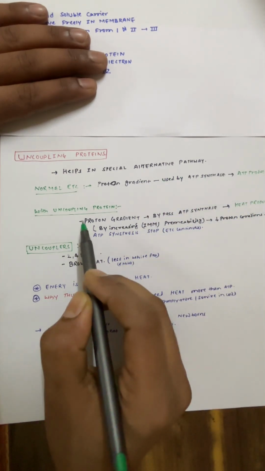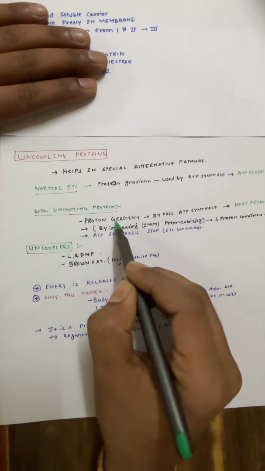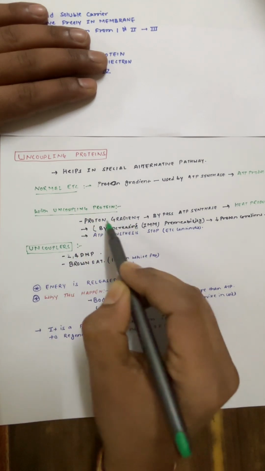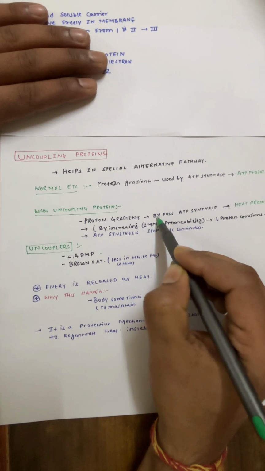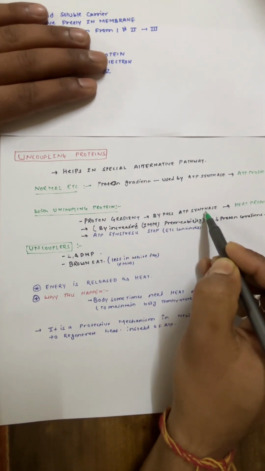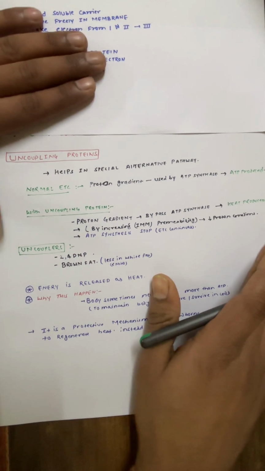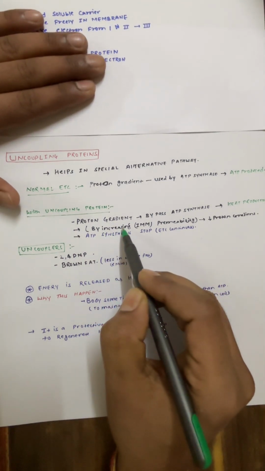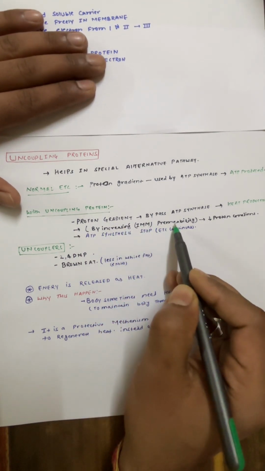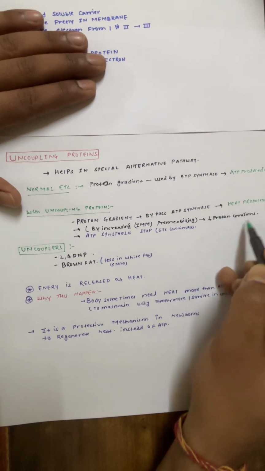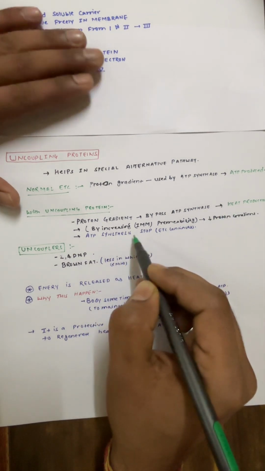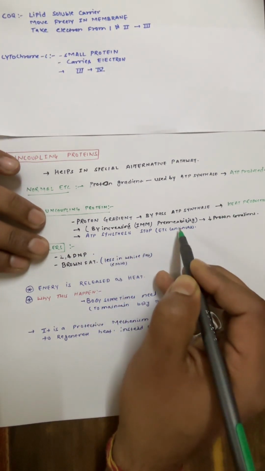But with uncoupling protein, the proton gradient is created, but it bypasses the ATP synthase, and it helps in heat production in the body. How? By increasing inner mitochondrial membrane permeability, it decreases the proton gradient, ATP synthesis stops, but the ETC continues.